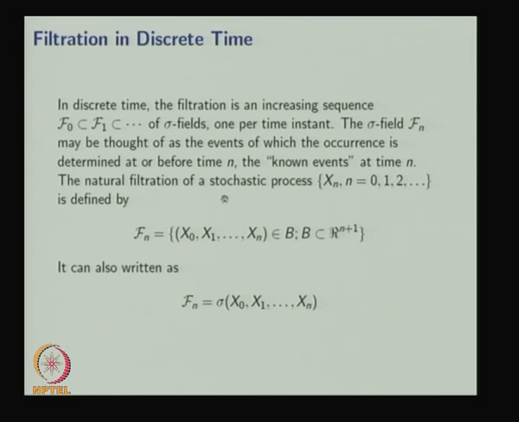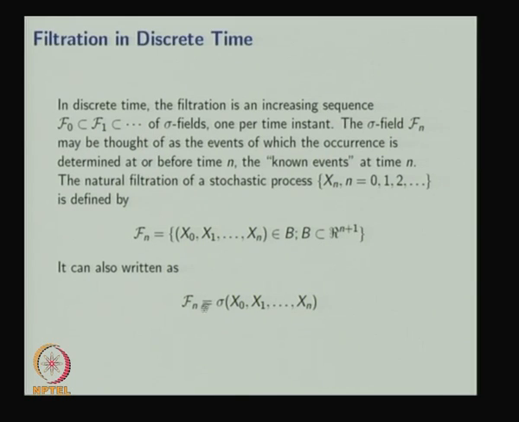The natural filtration of a stochastic process X_n is defined by F_n, the collection of events {(X_0, ..., X_n) in B}, where B is contained in R^(n+1).